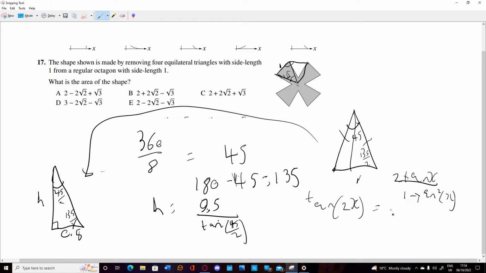So we get 2 tan 45 over 2 over 1. No, there is another way. So let's just approximate this. You know tan 45 is 1, because when you think about the angles, it's just this perpendicular angle split in half. You get 45.